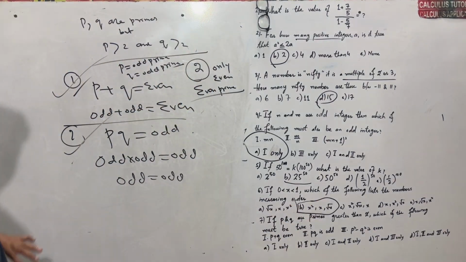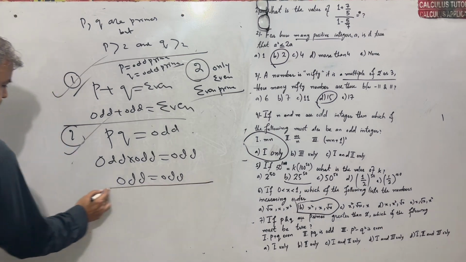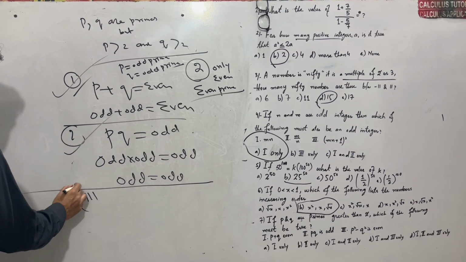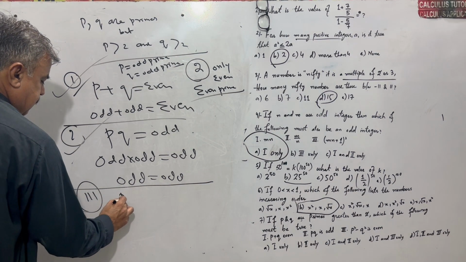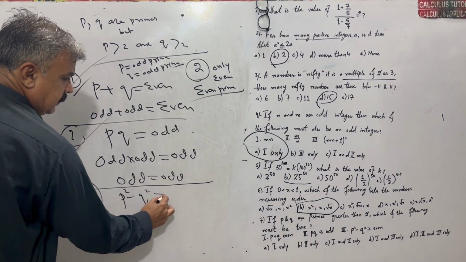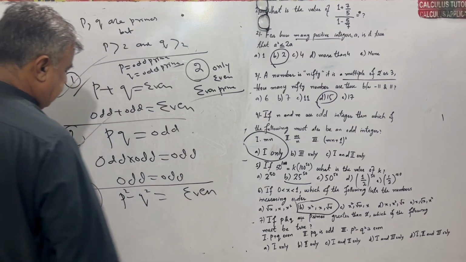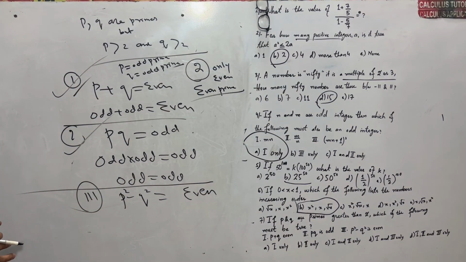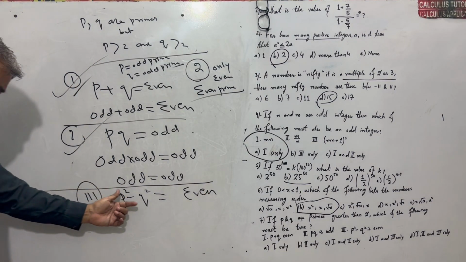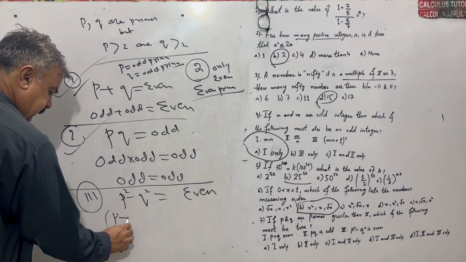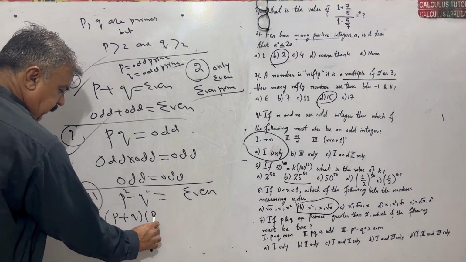What about the third one? A tiny tricky one, but it's really easy for you. Let me pave the way for your understanding. P square minus Q square, it is mentioned to be even. Let's prove it. Don't bother yourself. Just factorize: P plus Q, P minus Q. Bingo.